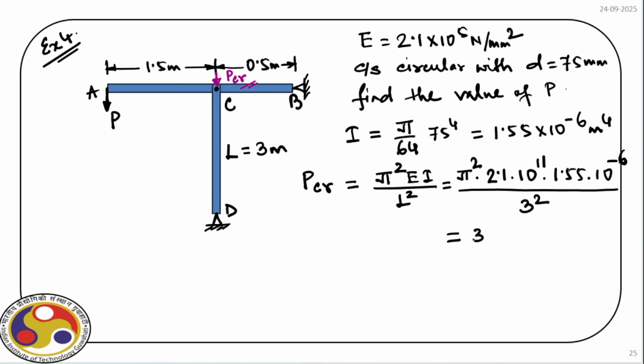Now if you evaluate, the first critical load is 356.95 kilonewton.